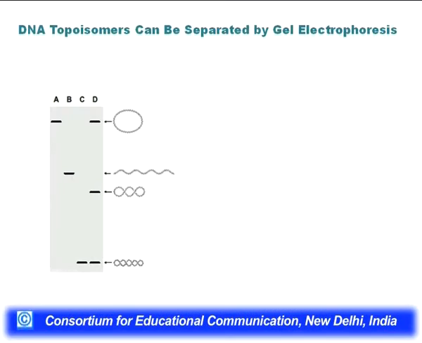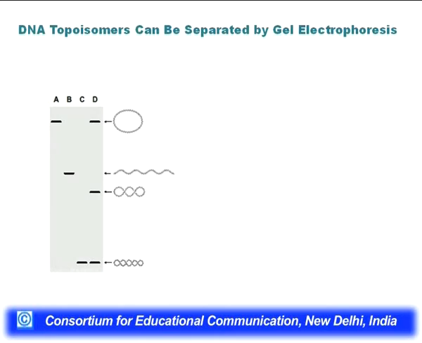The DNA topoisomers we have talked about have the same sequence and the same length. But when you isolate them and run them on a gel, you can separate these topoisomers, because when a relaxed DNA is supercoiled, it occupies less space. So it is a smaller molecule.